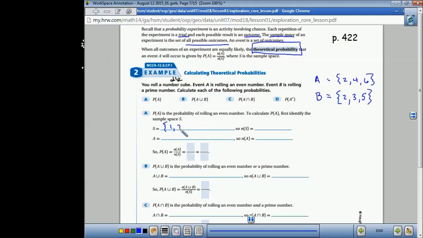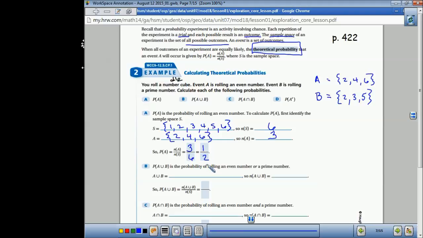Well, it contains 1, 2, 3, 4, 5, and 6. So there are 6 elements in the sample space. A, in this case, is even number, so it contains 2, 4, and 6. That would just contain 3 elements. So the probability of rolling an even would be 3 out of 6, or 1/2.